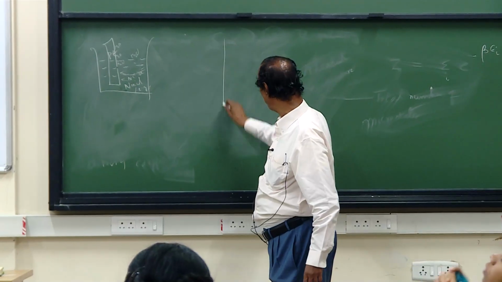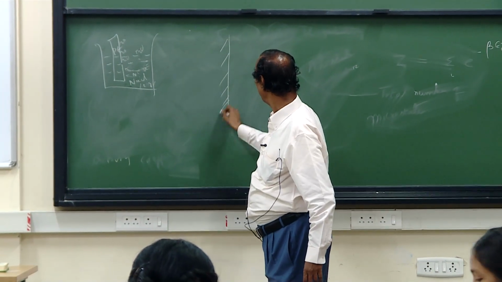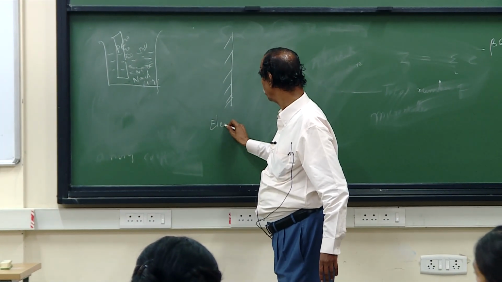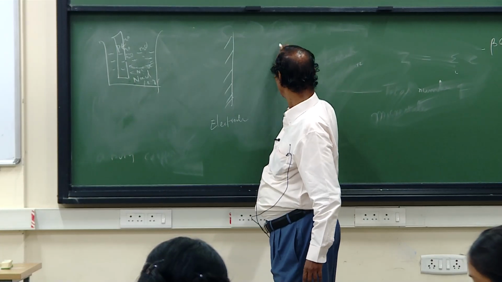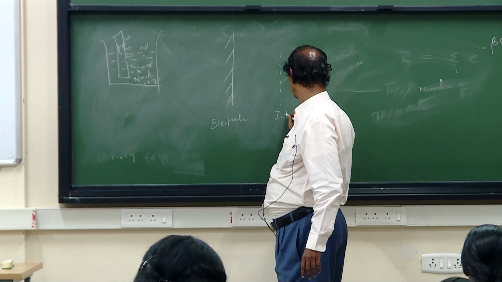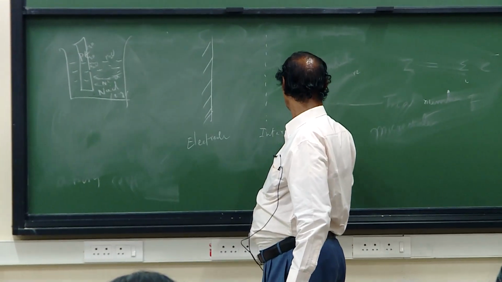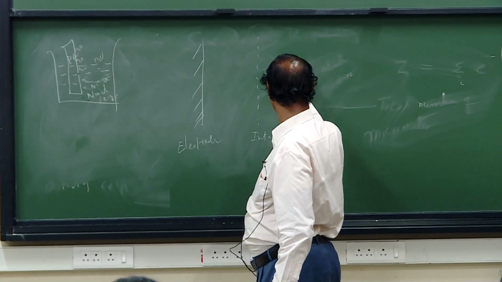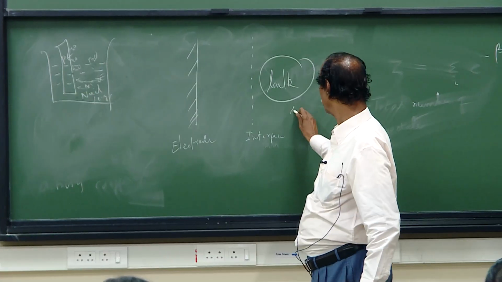So I will draw that picture. This is the way we denote the electrode. Right? This is my interface. This is the bulk. Bulk means my solution.